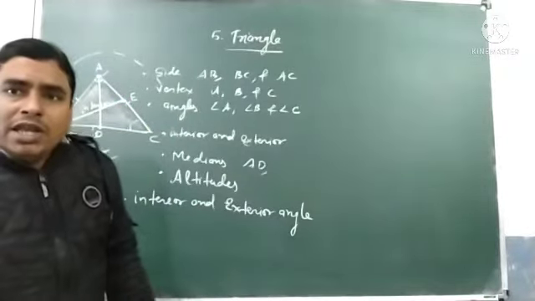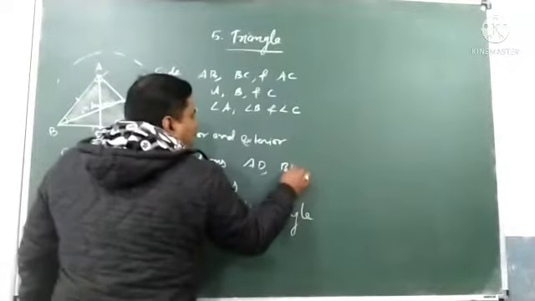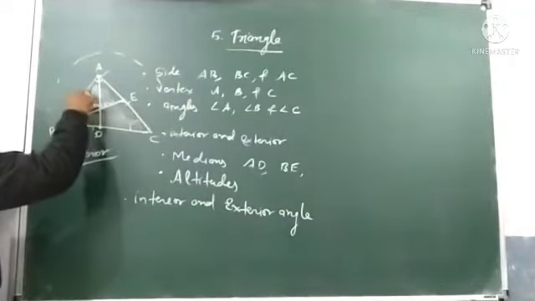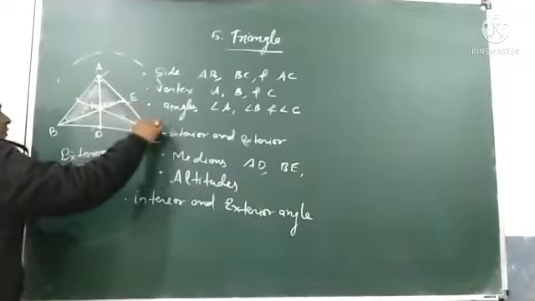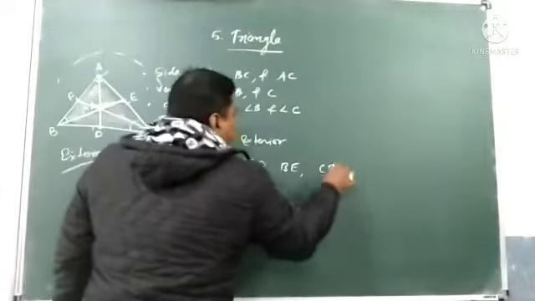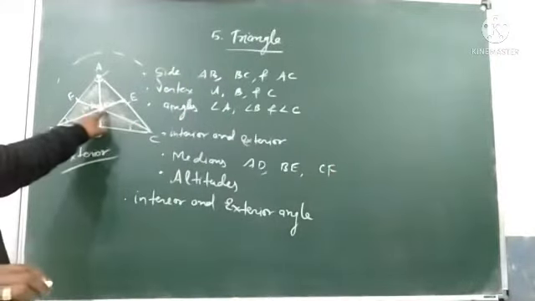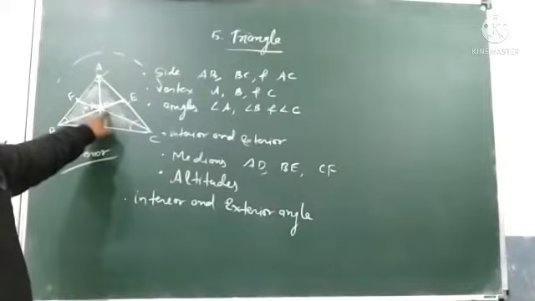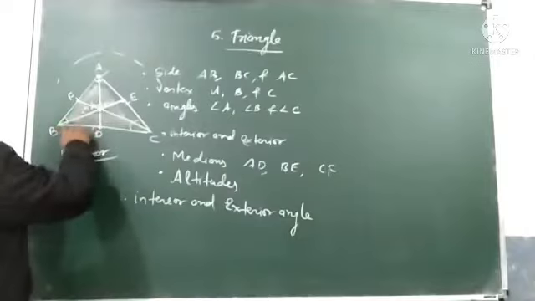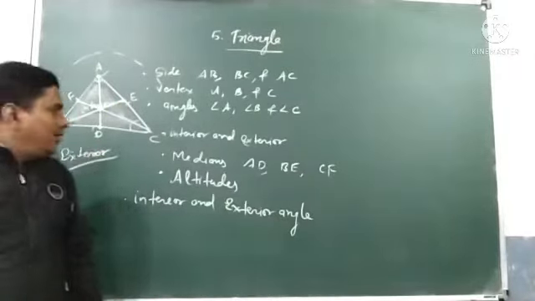So here median AD, median BE, and one more you can draw from C to side AB, suppose this is F, CF. Three medians, and all intersect at a single point. So CF, BE and AD, three medians, are there in a triangle.